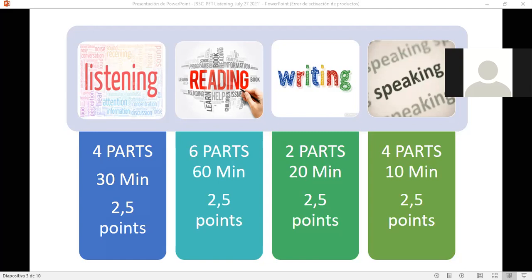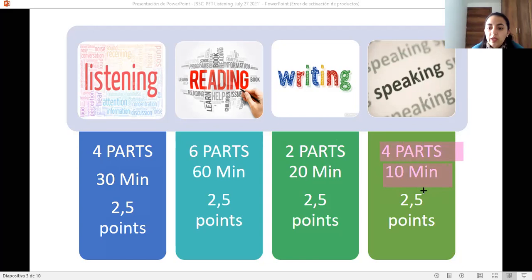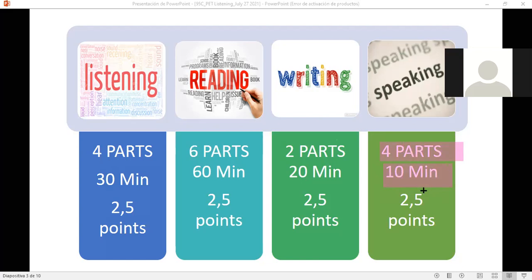Your skill is going to be tested in a pair. You don't know who is going to be your partner. And it's going to have 4 parts, 4 parts and 10 minutes to complete this exercise, okay? So speaking is not as difficult as you think. And we will see that later on, okay?